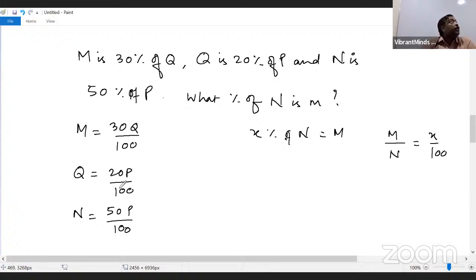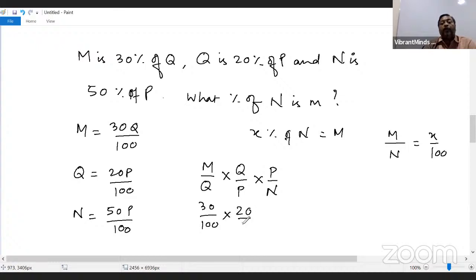What we will get over here is M by Q multiplied by Q by P multiplied by P by N, and I will get M by N over here. So M by Q is 30 by 100, Q by P is 20 by 100, and P by N is 100 by 50.